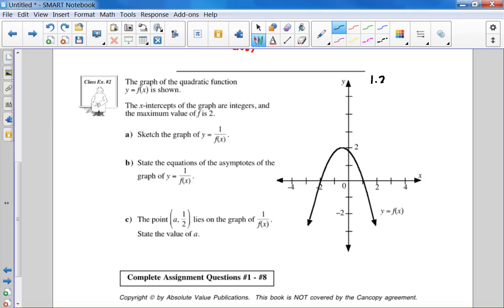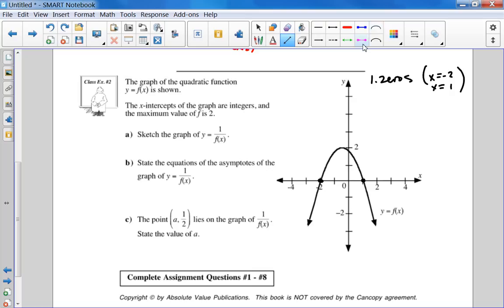Okay, number 1. What's the zeros of this guy? X equals negative 2, x equals 1. Put a dot on the zeros. Now what do I do? What do I draw, you guys? A line? Up and down, or left and right?